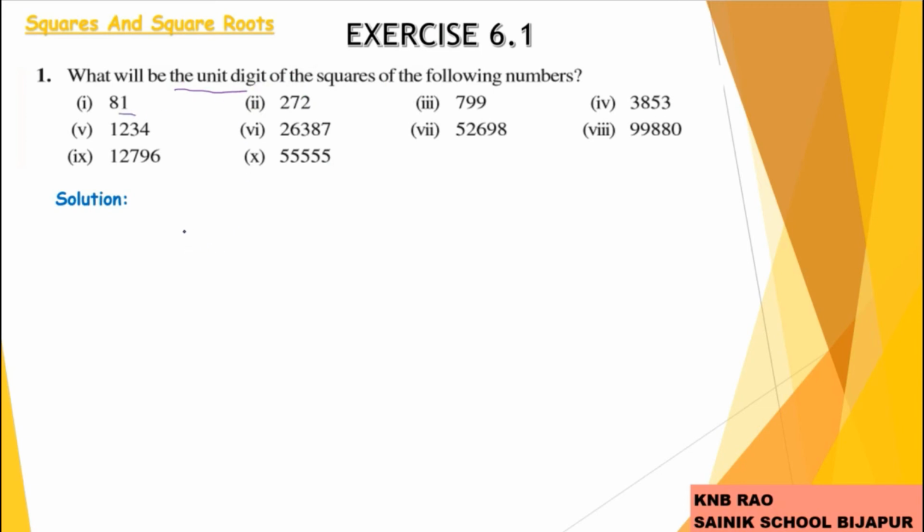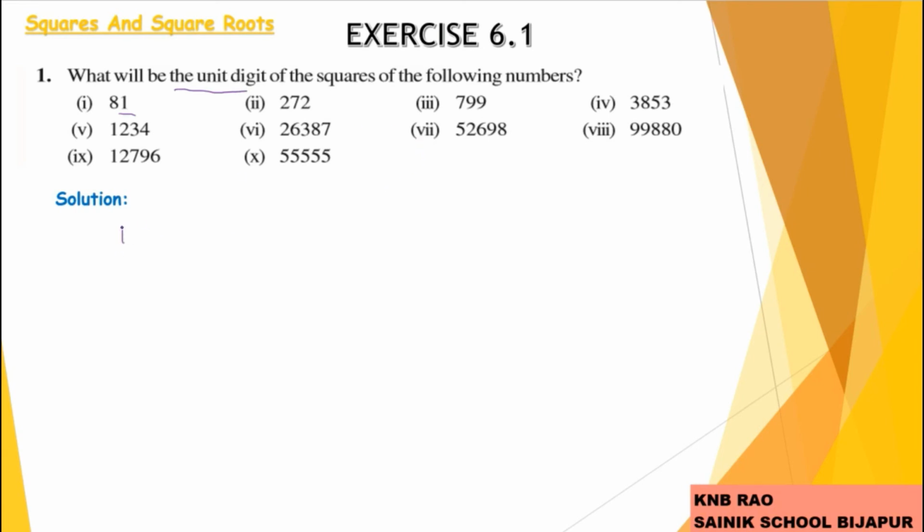You know, the square of a number ending in 1 ends in 1. The square of a number ending in 9 also ends in 1. The square of a number ending in 2 or 8 ends in 4. You have to recollect that property.